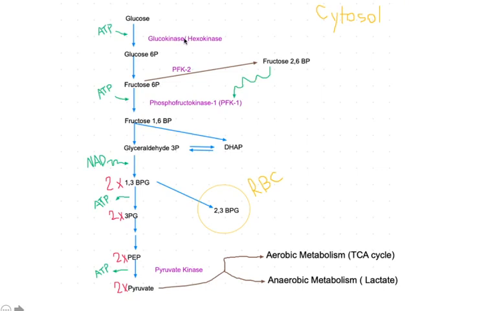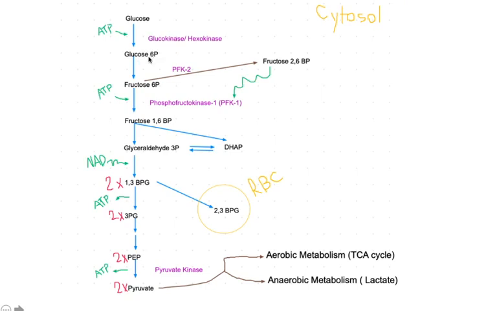So let's just quickly say that we have two types of enzymes that add a phosphate group to a substrate. If ATP is used, the enzyme is called a kinase. If no ATP is used, we will call it a phosphorylase. So now here we have glucose converted to glucose 6-phosphate by a kinase enzyme.